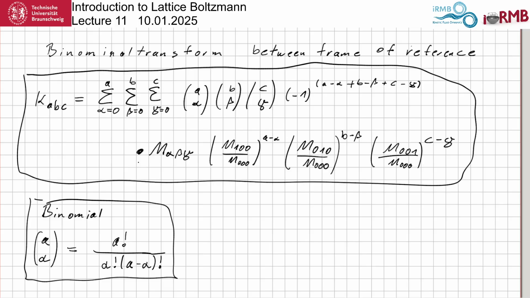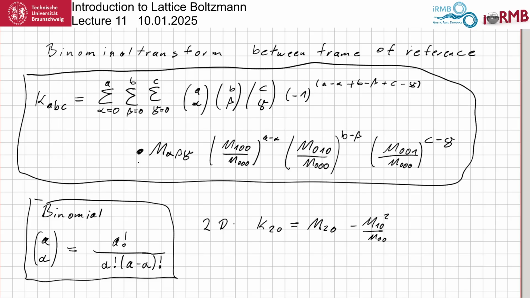Okay, let's look into the 2D case. So what does it mean, for example, K20? K20 is M20 minus M10 squared divided by M00. You can easily see how you make this into a two-dimensional case.